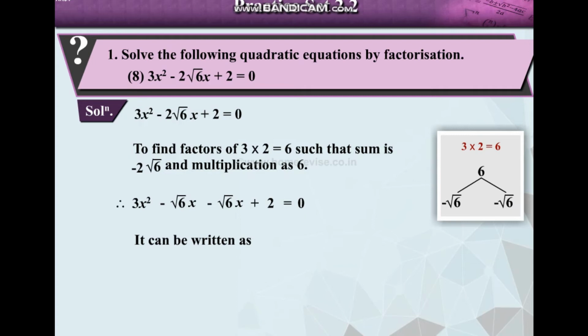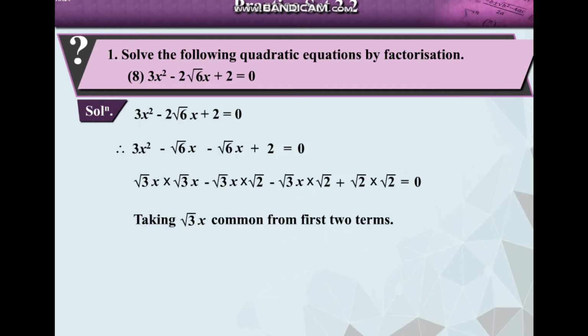It can be written as root 3x multiplied by root 3x minus root 3x multiplied by root 2 minus root 3x multiplied by root 2 plus root 2 multiplied by root 2 is equal to 0.